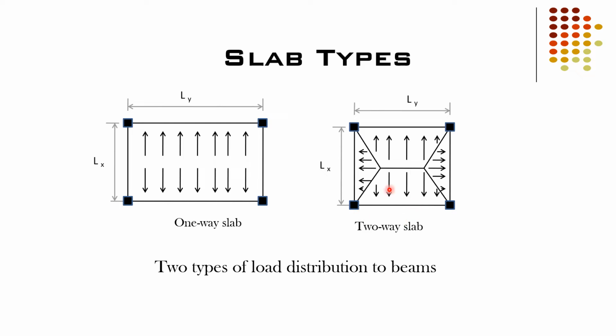Again, in two-way slabs the load transfer will be to all four sides of the beams. In the one-way slab, load transfer will be only on the upper side and the lower side, meaning in the longer direction.